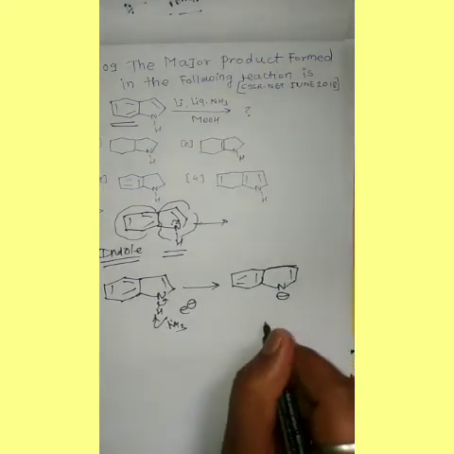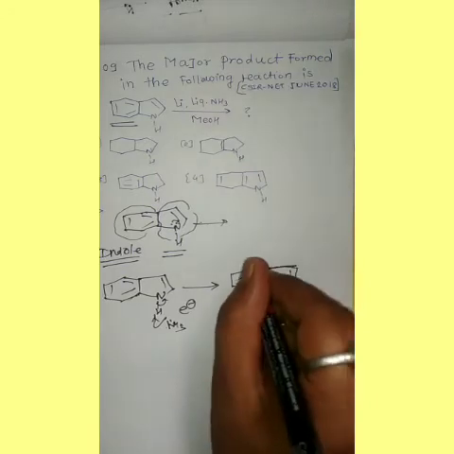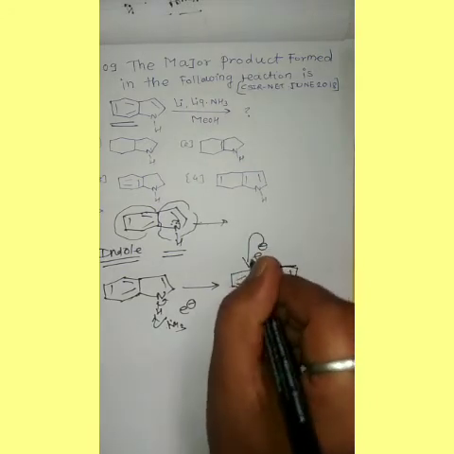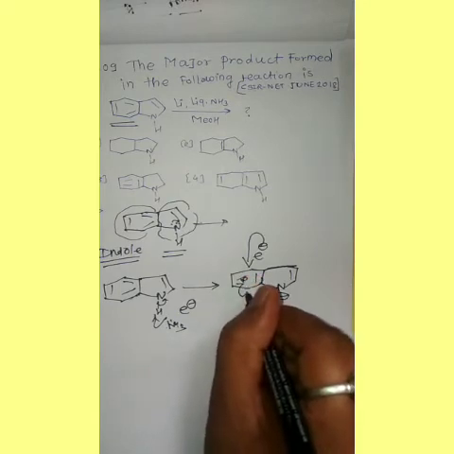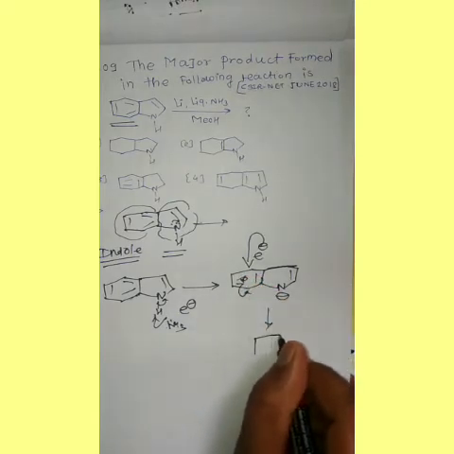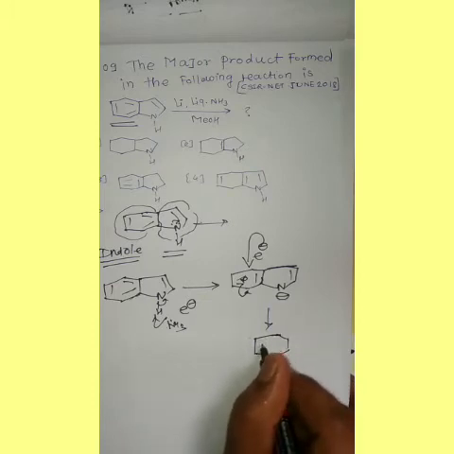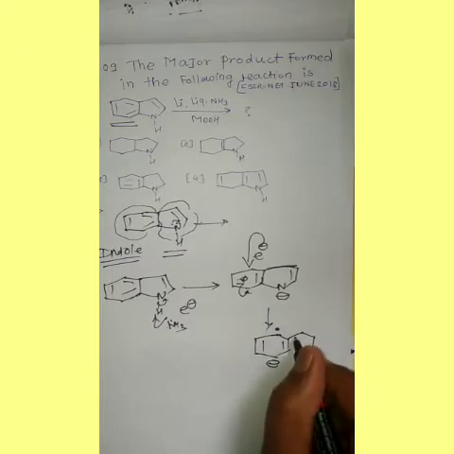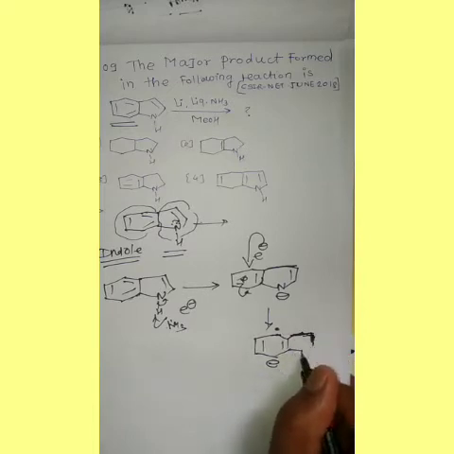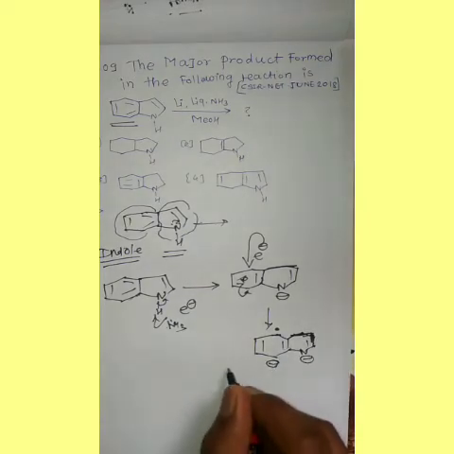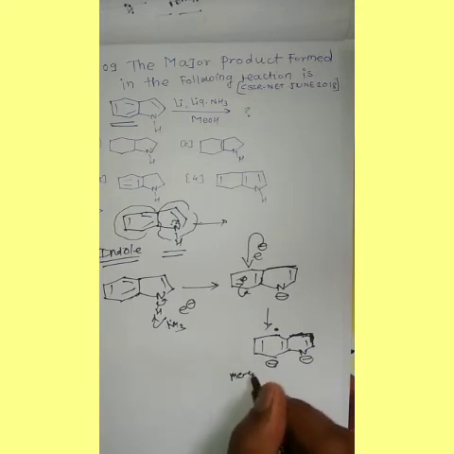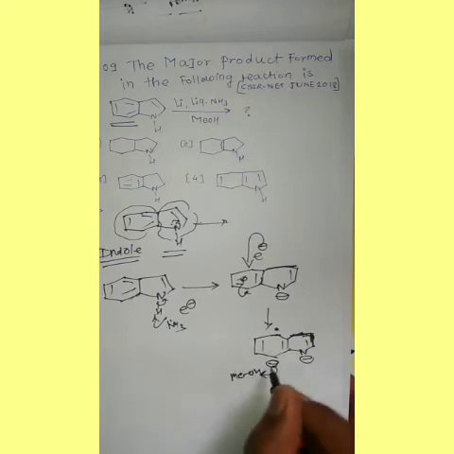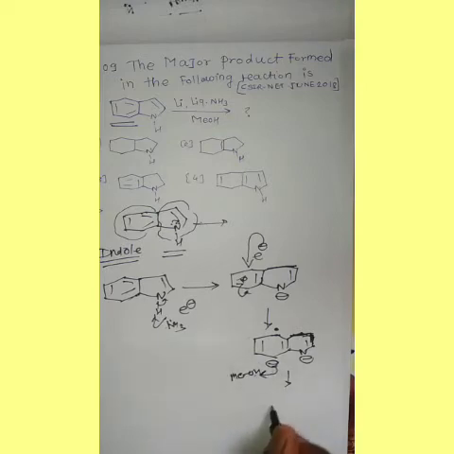Then solvated electrons attack at these positions and stabilize in a 1,4 manner. Then it abstracts the proton from methanol.